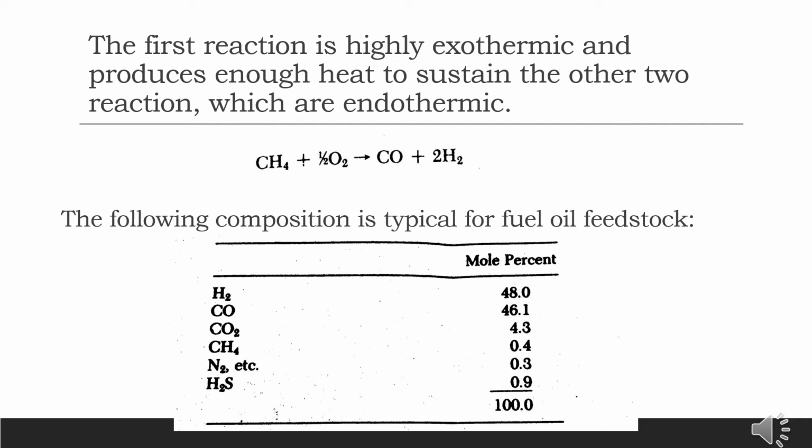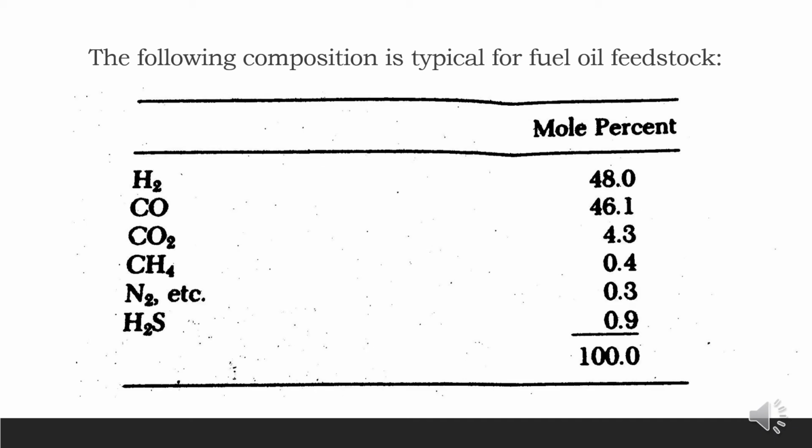We have hydrogen at 48 mole percent, CO at 46.1 mole percent, CO2 at 4.3 mole percent, CH4 at 0.4 mole percent, N2 and other substances at 0.3 mole percent, and H2S at 0.9 mole percent, a total of 100 mole percent. This gas has a much higher carbon oxides to hydrogen ratio than steam reformer gas.